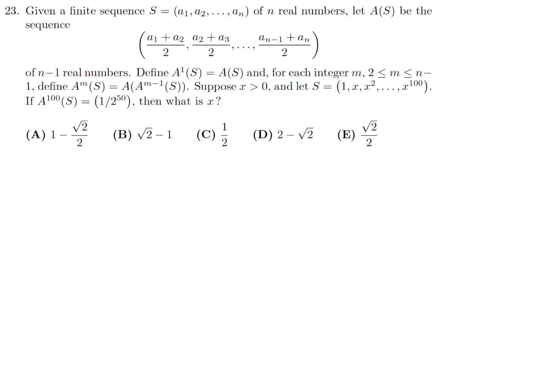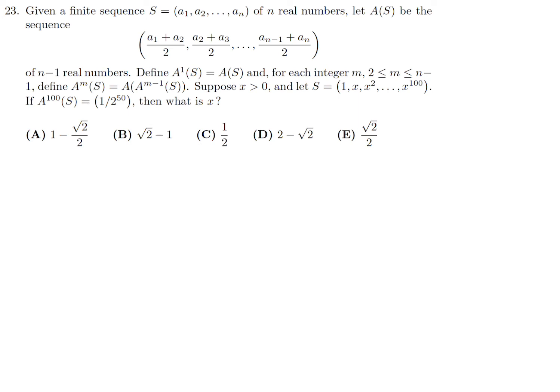Define A1S equal to AS, and for each integer m with m between 2 and n minus 1, define AMS equal to A of m minus 1 S. Suppose x is greater than 0, and let S equal 1, x, x squared, all the way till x to the 100. If A100S is equal to 1 over 2 to the power of 50, then what is x?